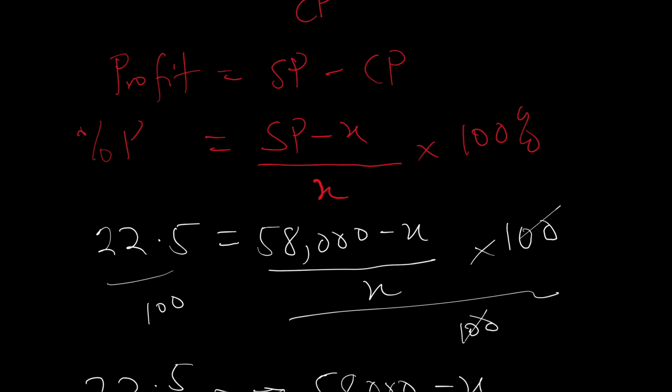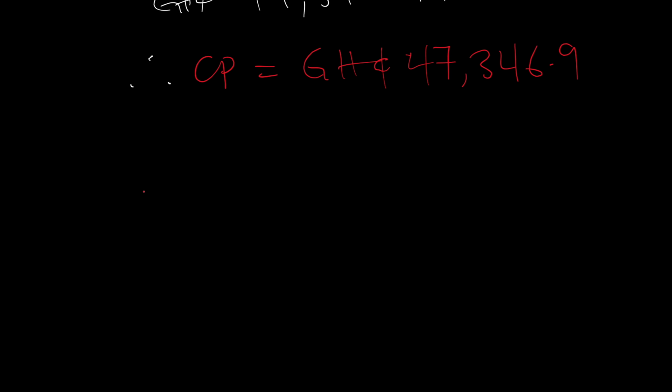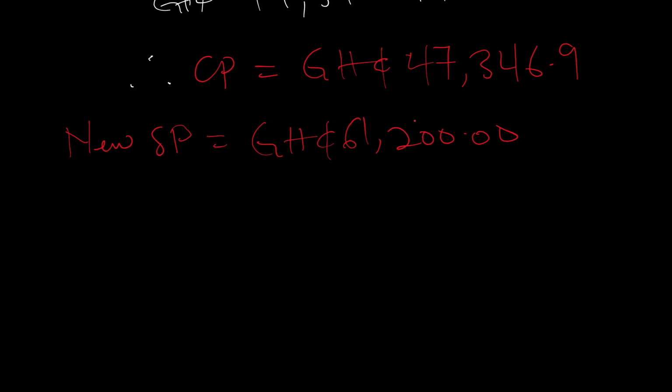So we have a new selling price. So our new selling price is equal to 61,200. And we are being asked to find our percentage profit.